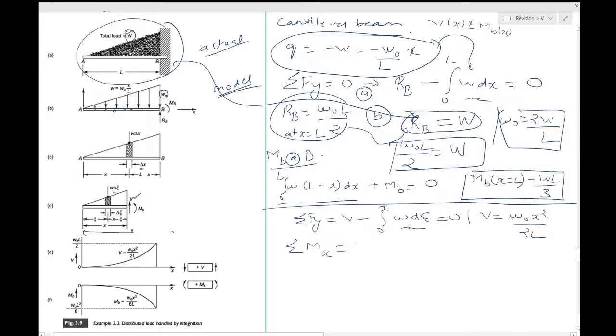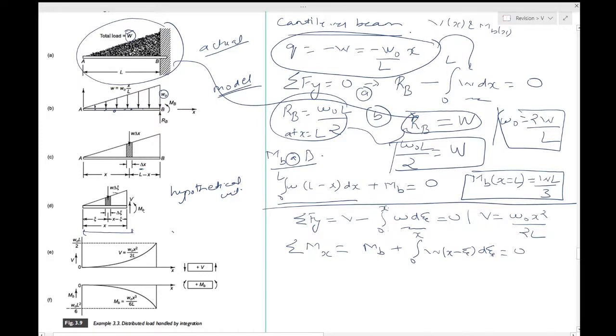That would be MB. This is the internal. The moment you make a cut, just like the previous case, this V and MB, which were actually internal, become external. That's what happens with a hypothetical cut. So MB plus the integral from 0 to X of W into (X minus E) dE equal to 0.